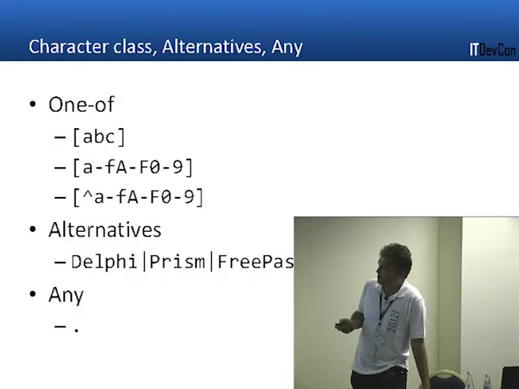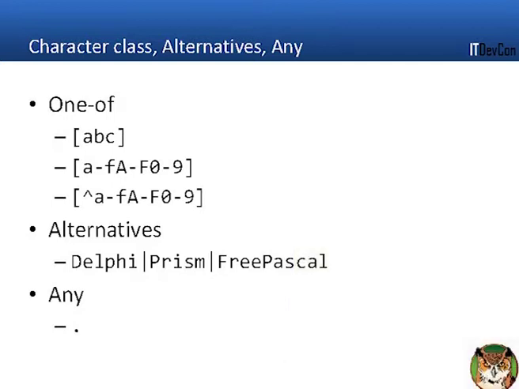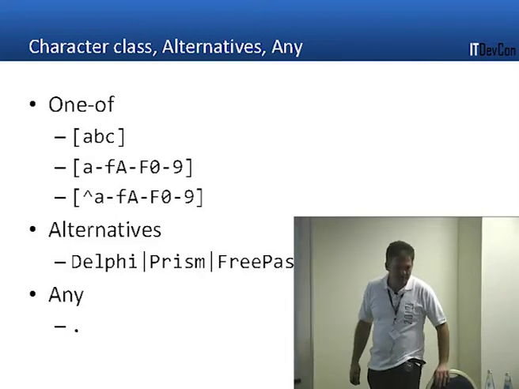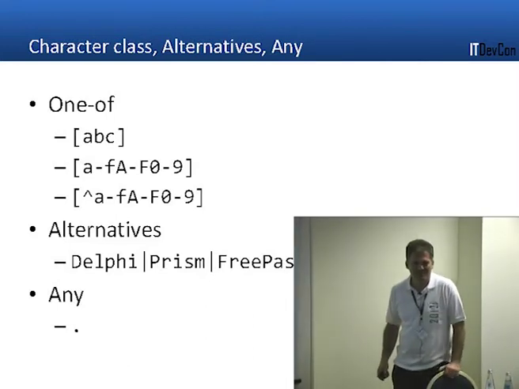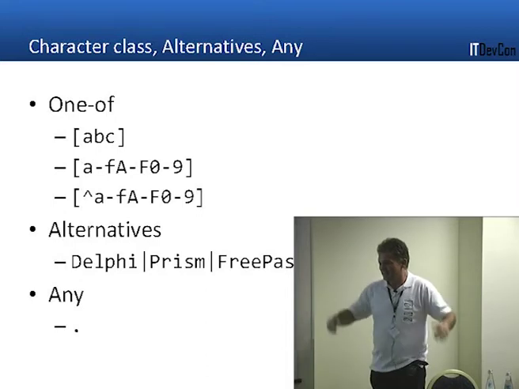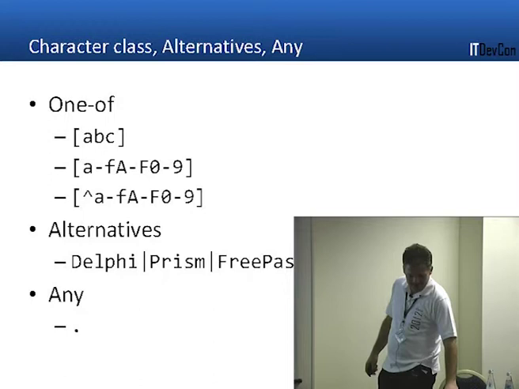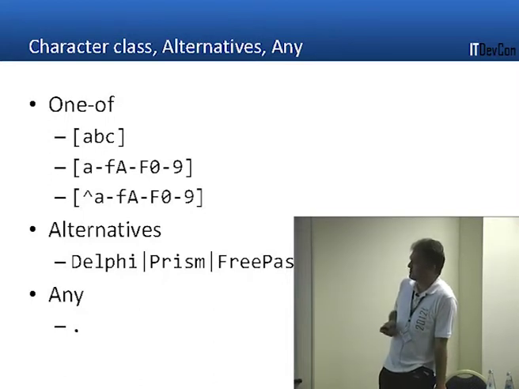So if you want to add a caret to such a list, if you want to say, OK, match A to F, 0 to 9, and a caret, it's best to put it at the end, not at the beginning, and then nothing goes wrong. It's just some peculiarity of regular expressions. Most utilities that come from Unix are weird in one way or another because they were extended in layers by users, by people, not by some designers, not by some explicit purpose.